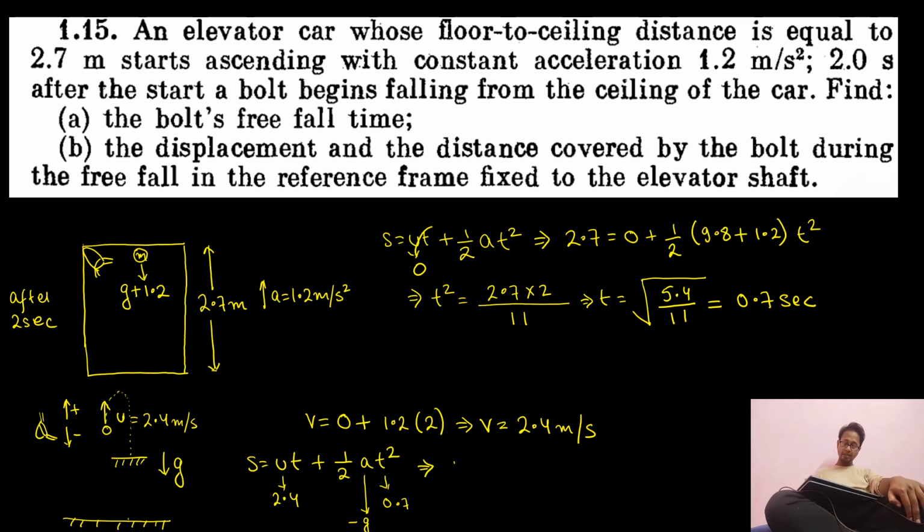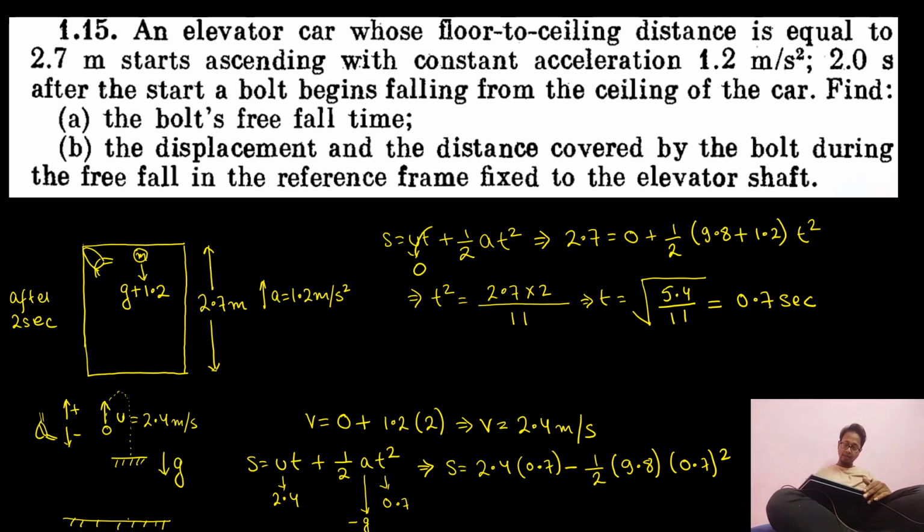So I can simply write S is equal to 2.4 into 0.7 plus half, this minus g multiplied by this one, and this one would be minus half g. The value of g is 9.8 and the value of t is 0.7 whole square.